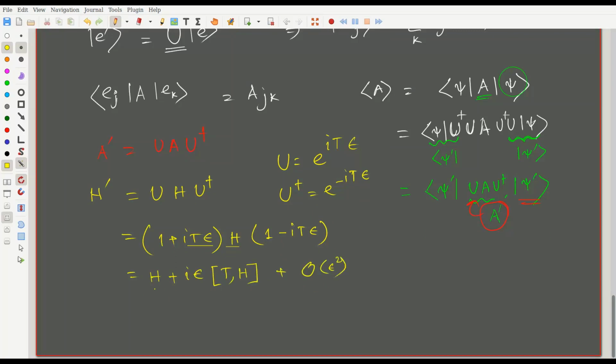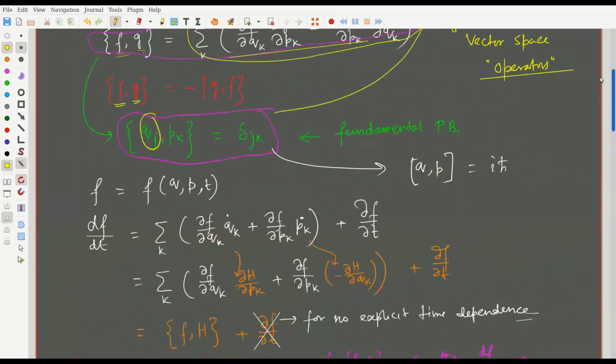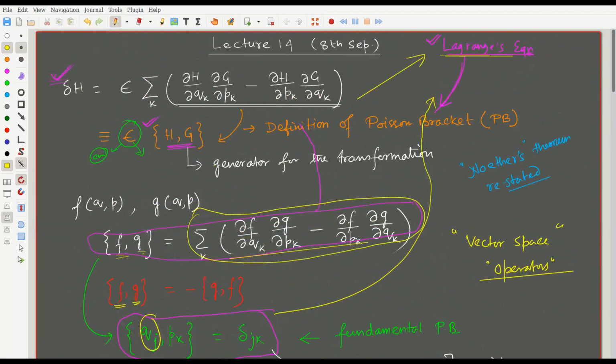So you notice that delta H, which is H prime minus H, is again i epsilon T commutator H. If you note, it is the same relation as the first one here.